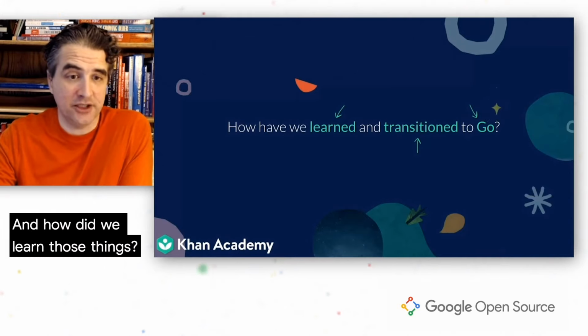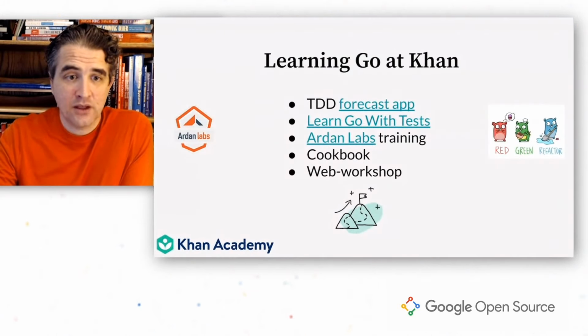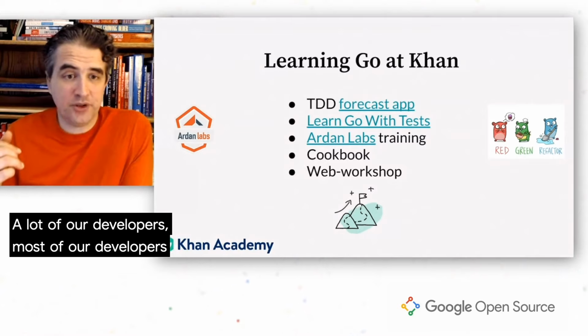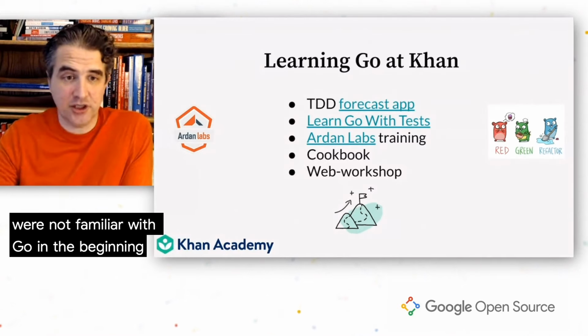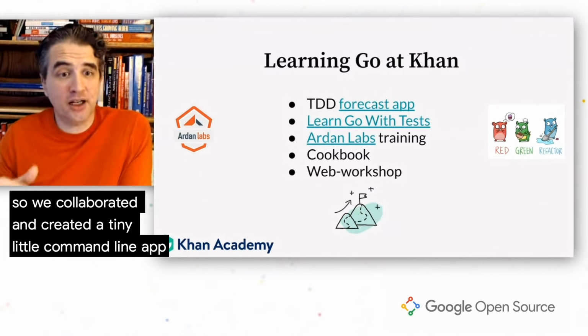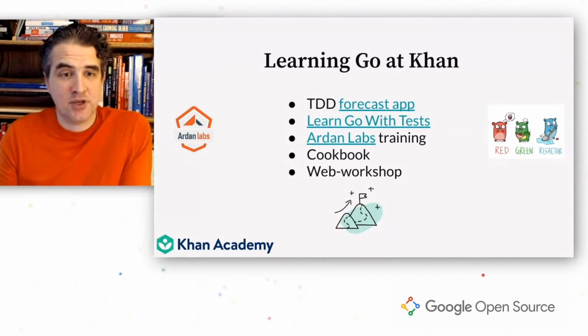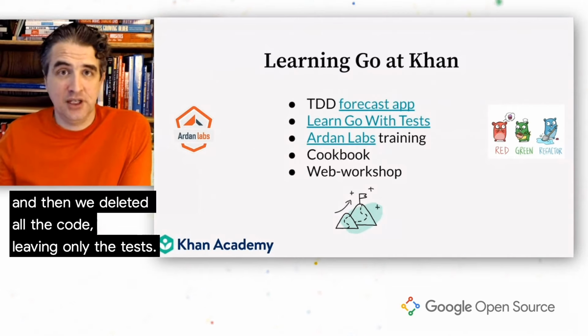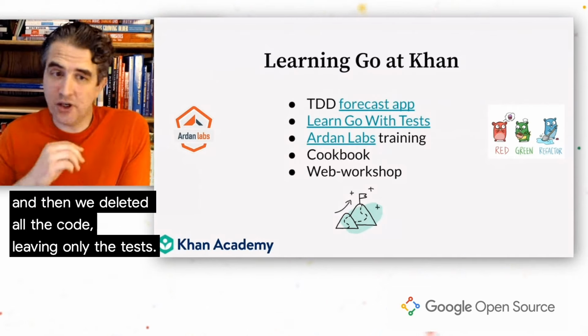And how did we learn those things? So, most of our developers were not familiar with Go in the beginning. So we collaborated and created a tiny little command line app that was all test-driven. And then we deleted all the code, leaving only the tests.